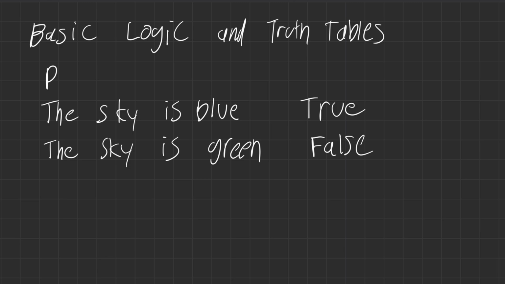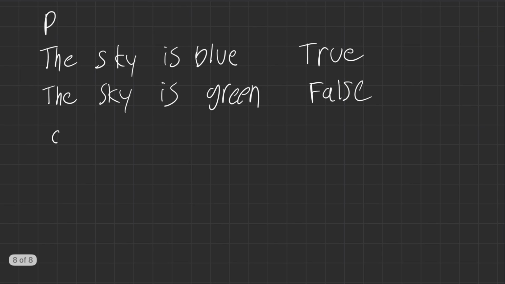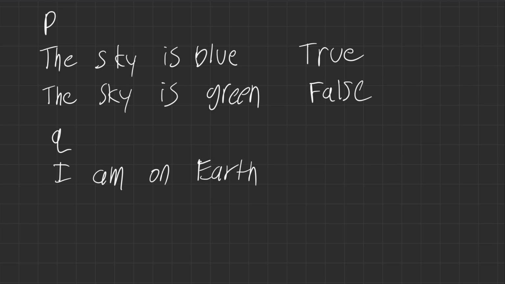P can represent any statement. It's kind of like a variable. And we could do that with anything. We could say there's a statement Q, and we can say that I am on Earth. Just trust me, this is actually true.